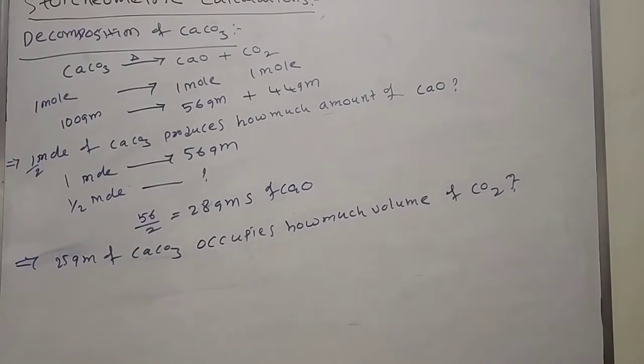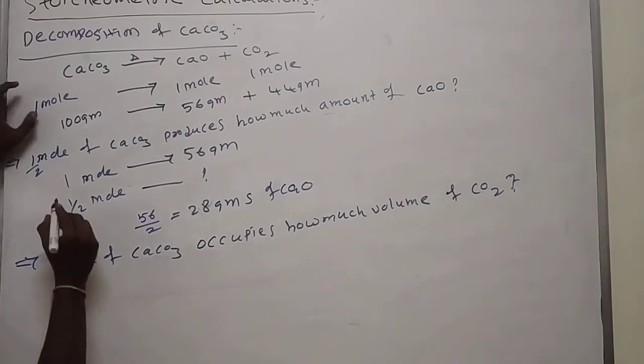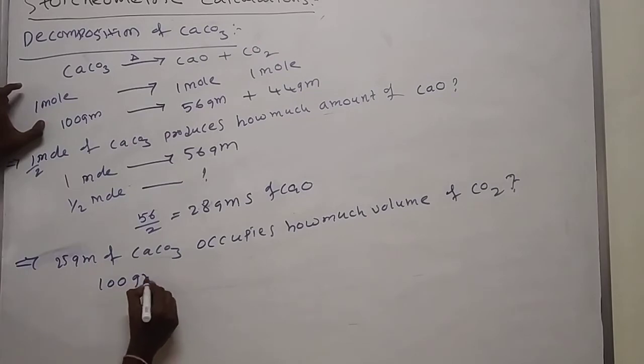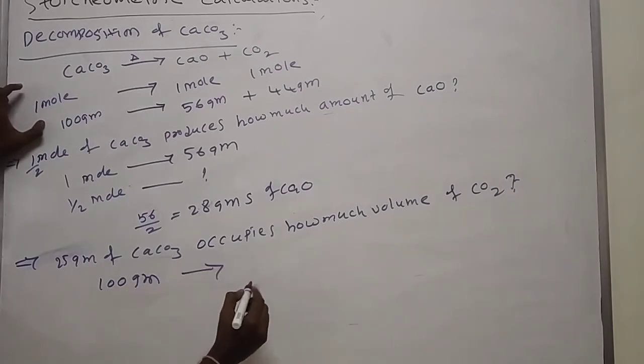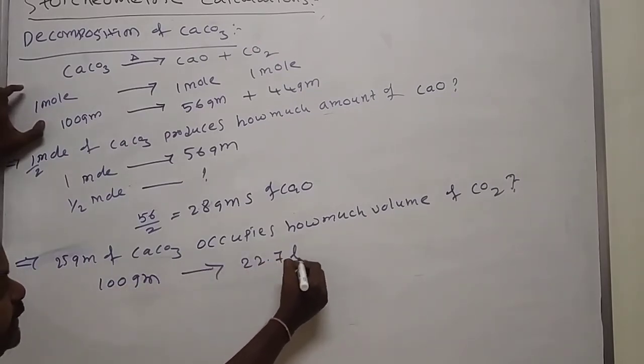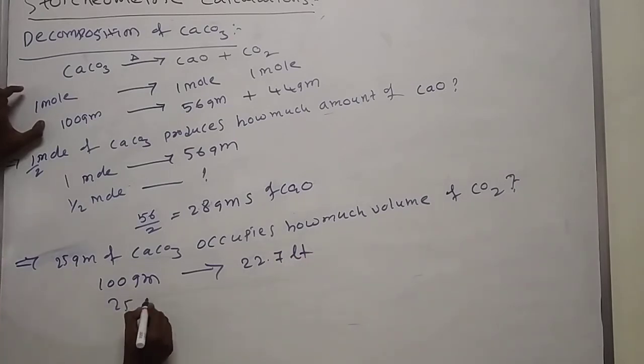This is also one type of calculation. 100 grams occupies 22.7 liters. 25 grams means how much?